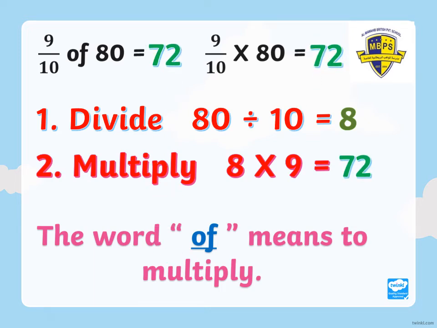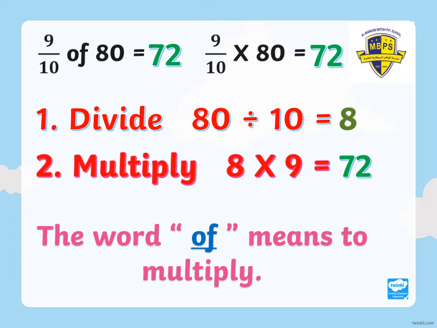Now come on students, you are going to help me with this question. We have 9/10 of 80. Now if you look at the fraction, again 9/10 is not a unit fraction. Okay, so what are the 2 steps? The first step, you need to divide the whole number with the denominator. Now what is the whole number in this question?